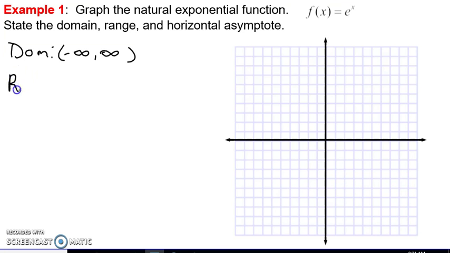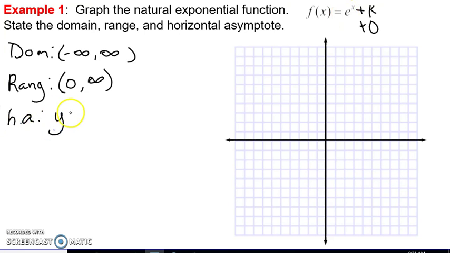Well, we talked about our range earlier. Our range is our plus k value. Our plus k is 0. So the range is going to go from 0 to positive infinity with this. And the reason we know it's positive infinity is because there's no negative value in front of the e. So that means my horizontal asymptote is going to be y equals 0.